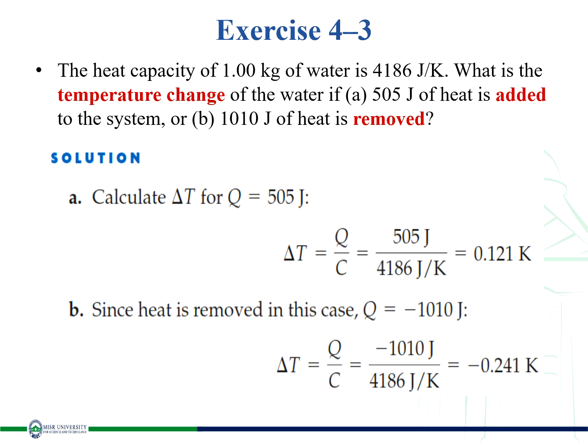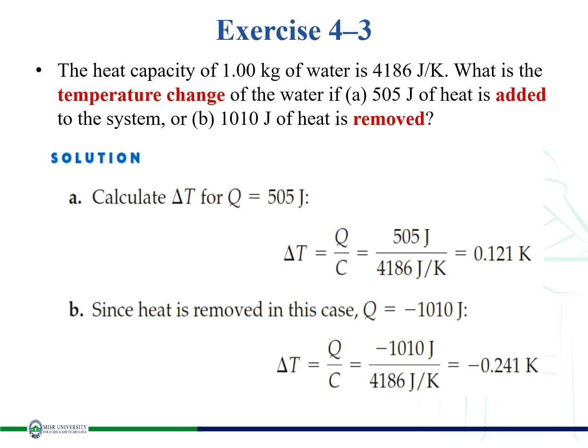Let's tackle part A first. Calculate delta T for Q equals 505 J. We know the fundamental relationship, heat capacity, C, is the amount of heat, Q, transferred per unit change in temperature, delta T. So, C equals Q divided by delta T. If we want to find the temperature change, we simply rearrange that to delta T equals Q divided by C. In this case, Q, the heat added to the system, is 505 joules.